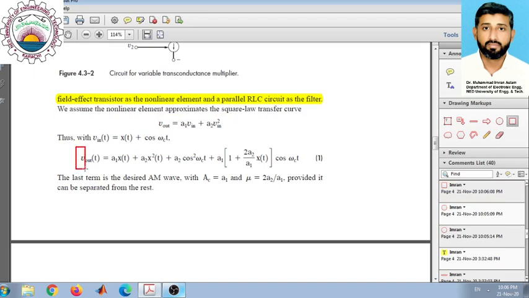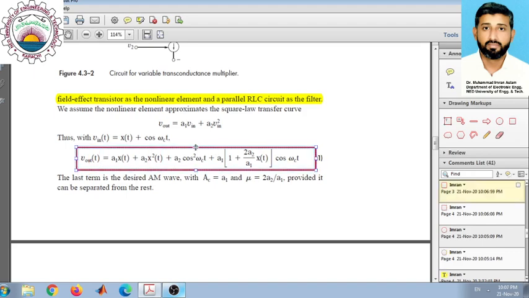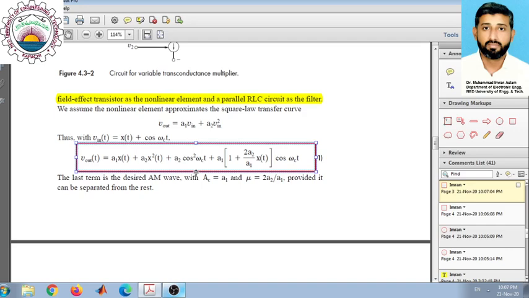If we simplify that expression, you would see that the output voltage is given by this entire term, which contains a number of different signals. The first term is x(t). The second term is x square t, the square of the message signal.